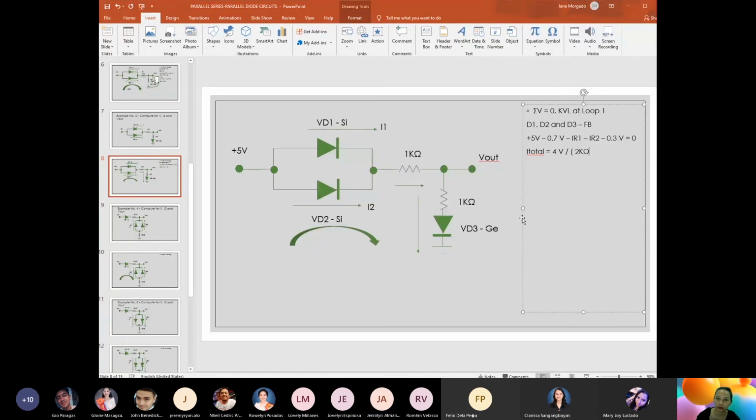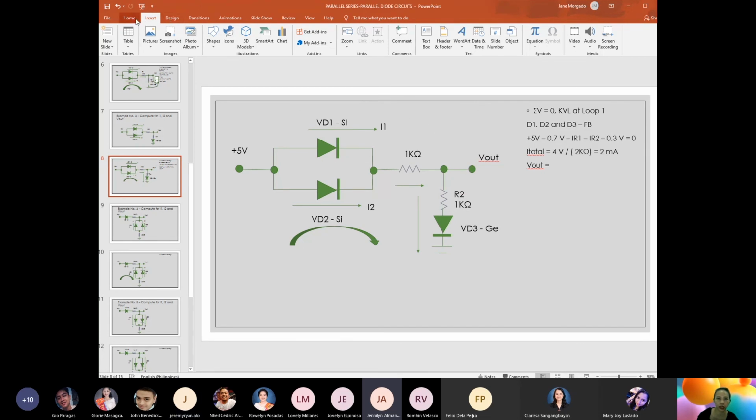So we have 4 divided by 2, so you have 2 milliampere. What is now your V out? So we're going to take note that V out is taken across R2 and the germanium diode. Tama ba?